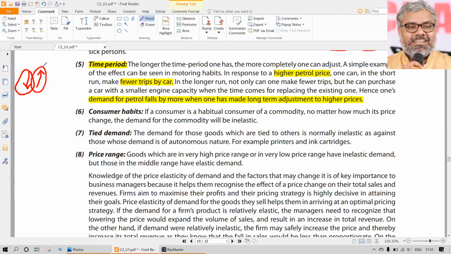There is going to be a huge difference. If that happens, immediately people definitely cannot have much change in their demand. But over a period of time, slowly they will shift from petrol cars to diesel cars. Why? Because the availability of that is low.